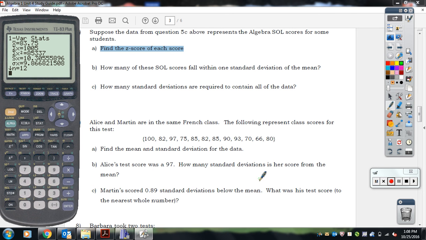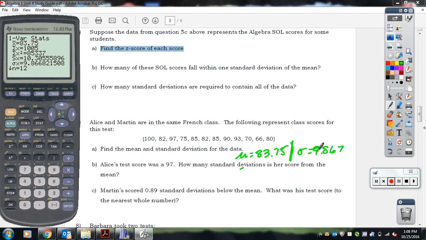So my average, my mu, is 83.75. And my standard deviation is 9.867. I'll round to the nearest thousandth.